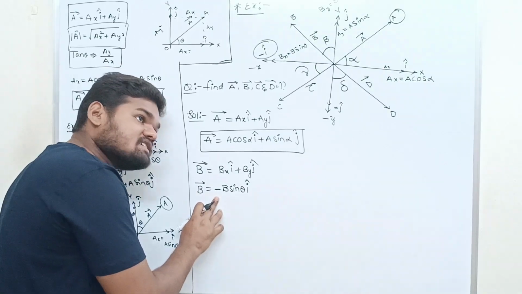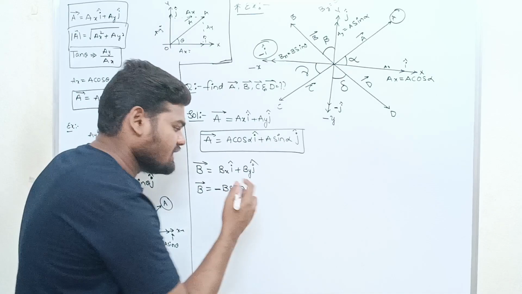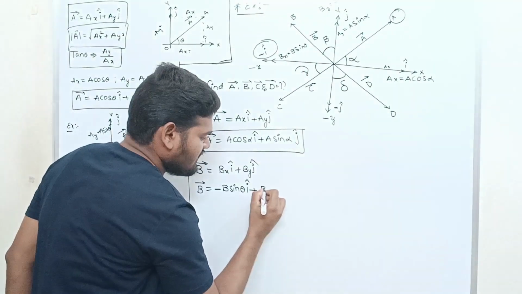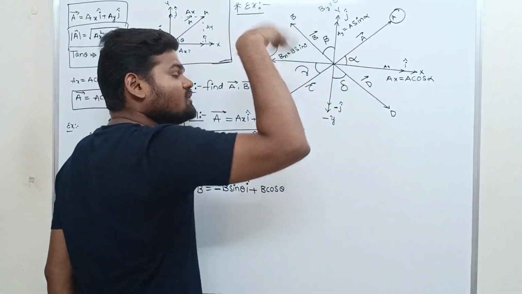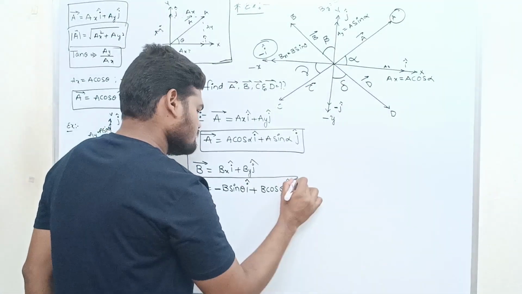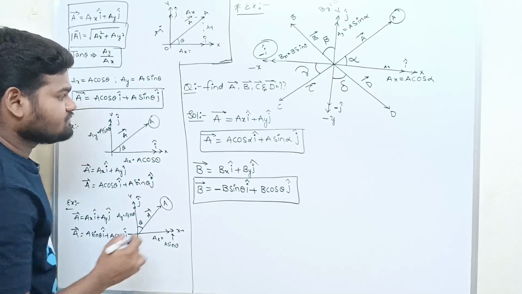Along the negative x-axis, what is the unit vector? Minus I cap. Is it clear? Any doubts? Plus, what is by? By is equal to b cos theta j cap. This is the positive y direction and the unit vector is j cap. Any difficulty?